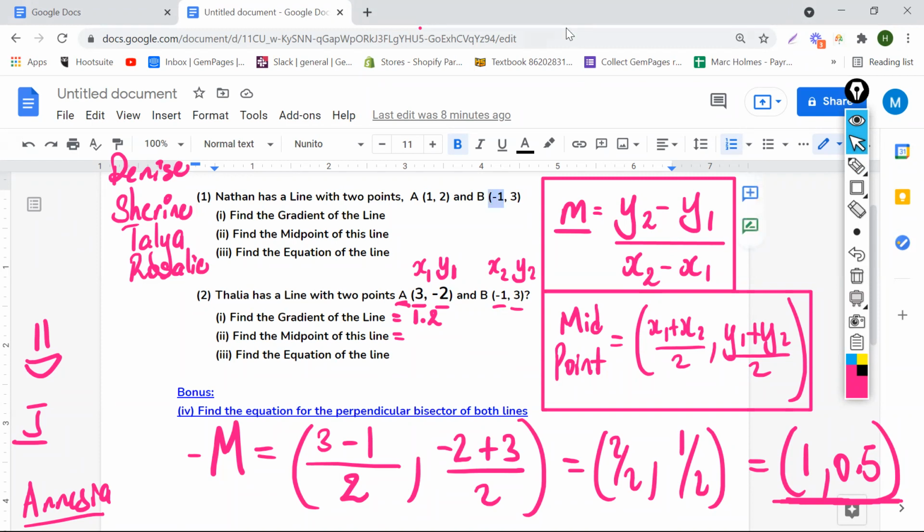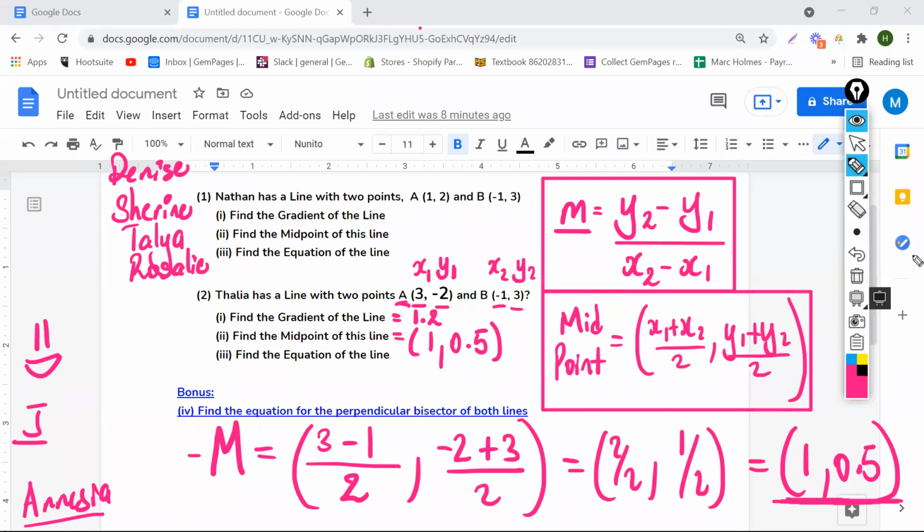I feel like everybody was just doing the first question. When I was going over mine, I found out that I put a 3 instead of a 2. It should be 3 minus -2, I put 3 minus -3. Oh, sorry guys. All right, so the midpoint here, guys, is supposed to be 1, 0.5.